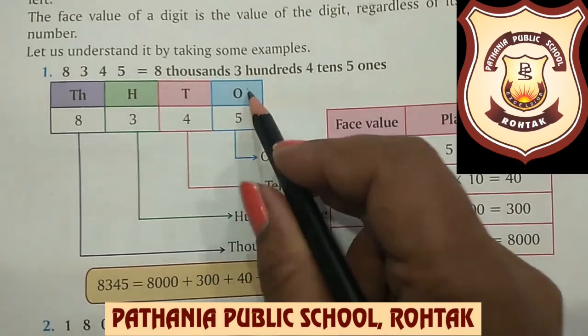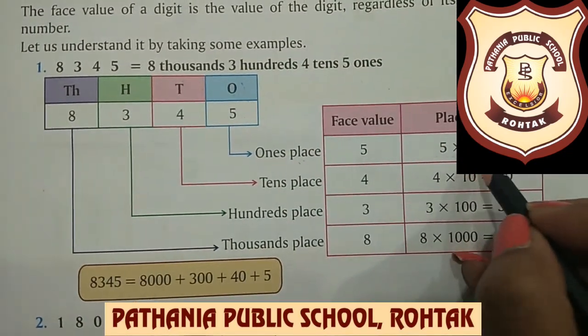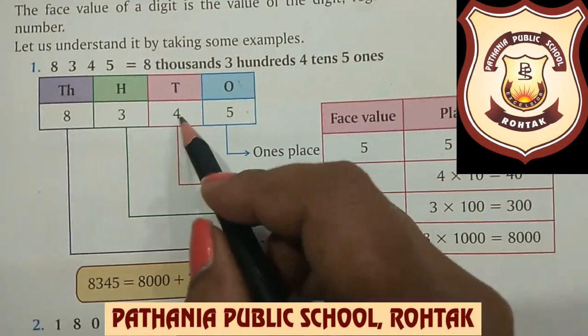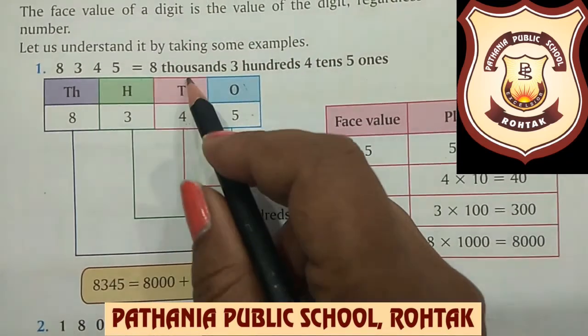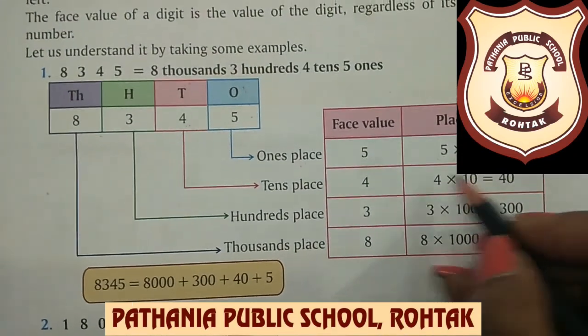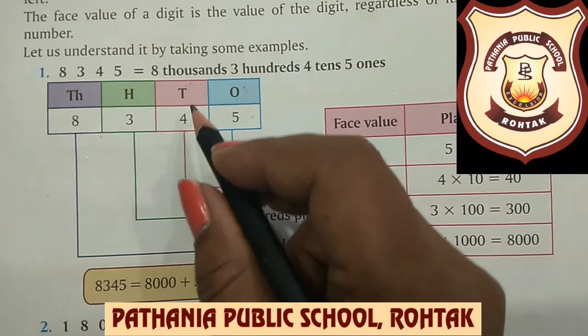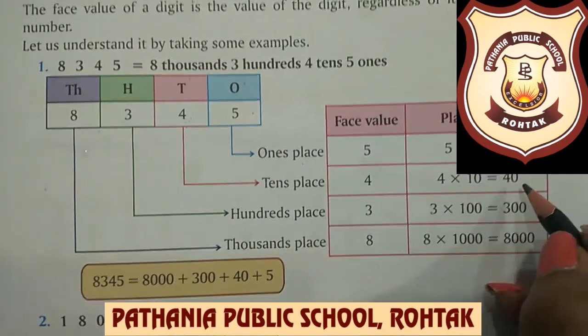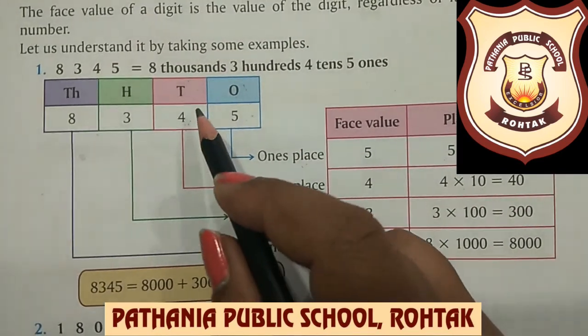5 is at ones place, so we will multiply it by 1 and 5 is the place value of 5. Now for 10, 4 is at tens place, so we will multiply 4 by 10. We will multiply the digit by its place. We will multiply 4 by 10 and 40 is the place value of 4.